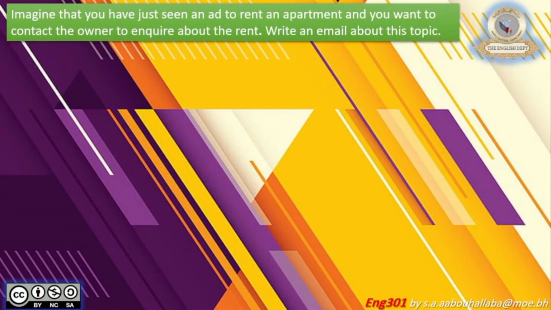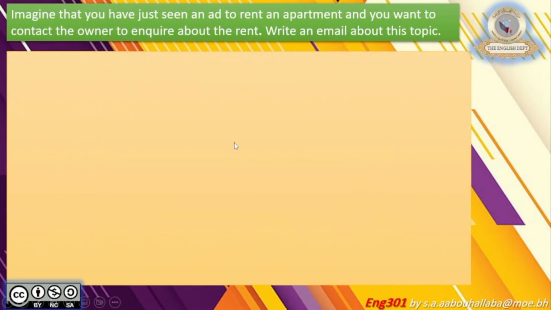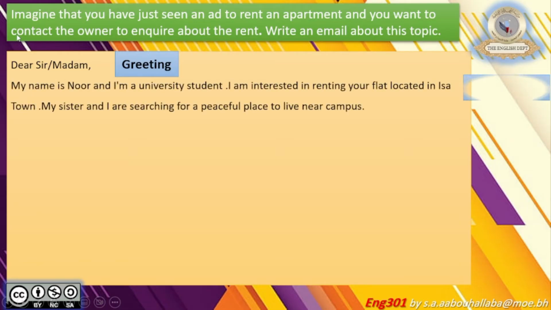Well, this is an example of a formal email. Imagine that you have just seen an ad to rent an apartment and you want to contact the owner to inquire about the rent. Write an email about this topic. So you want to rent an office, or sorry, a flat, and you want to contact the guy, the owner.